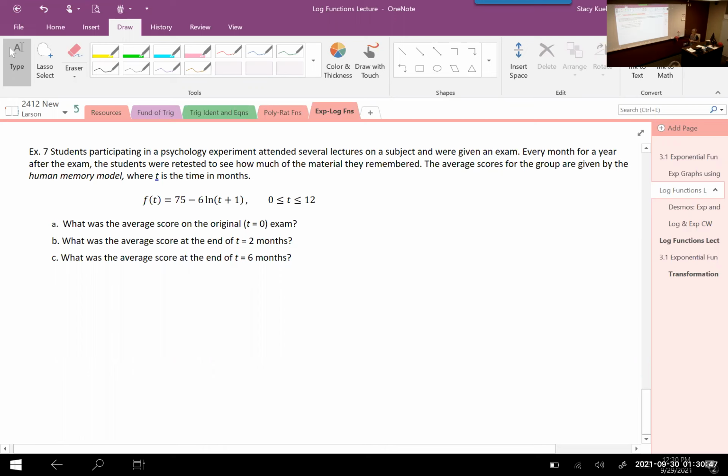Let's just use our calculator for this. I think this would be an easy one to use our calculators for. So what is the average score on the original function? What is the average score 2 months after? And what's the average score after 6 months? This is a model, right? So we have the function 75 minus 6 times the natural log of x plus 1 is what we would put in our calculators, right? Not t, x.